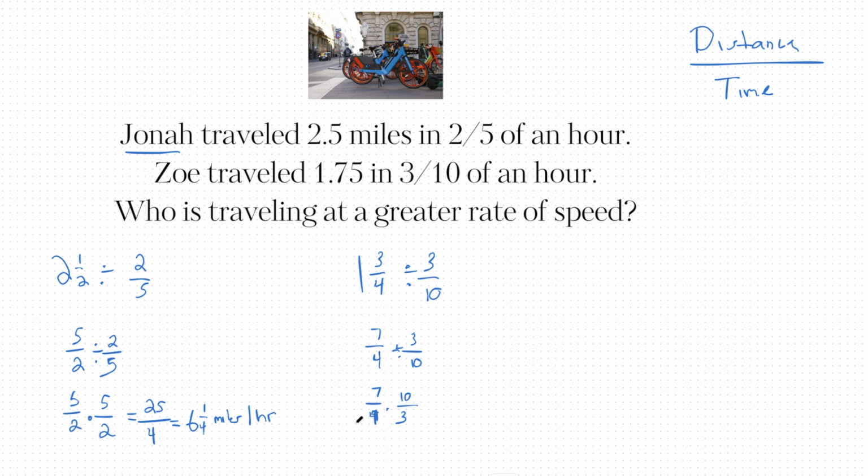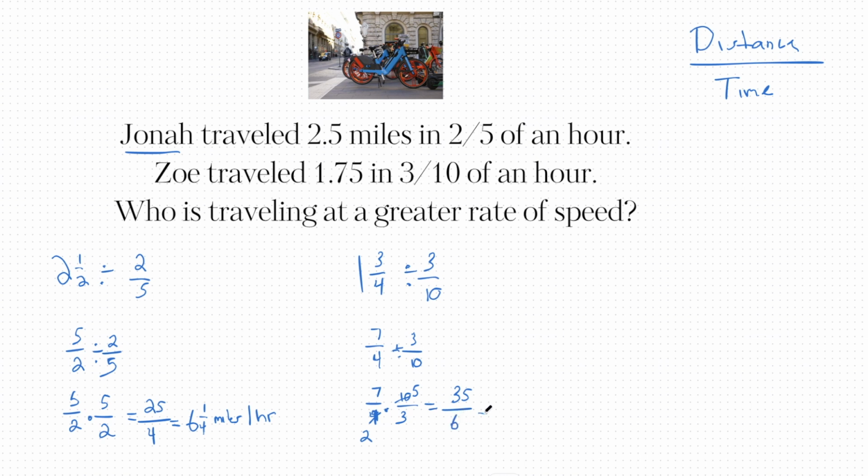All right. So remember, when you have a chance to cross reduce, you always should. So I know that 10 and 4 have a common factor of 2. So I can divide both 10 and 4 by 2. So 10 divided by 2 is 5, and 4 divided by 2 is 2, right? So now 7 times 5 gives us 35, and 2 times 3 gives us 6.